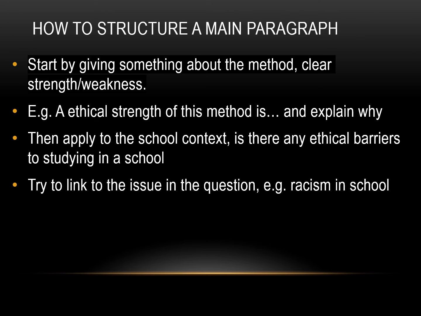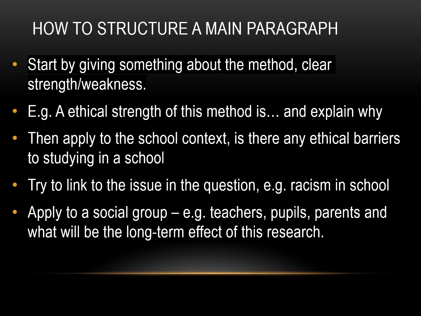So you could use those words in your answer, in the context of racism or in the context of pupil exclusions, and then you can explain it a bit more and be explicit to a social group, so your teachers, your pupils, your parents, what their characteristics are and why that is providing a barrier to your research. And you can then talk about the long-term effect of it. Does it limit the validity, for example, or the representativeness?